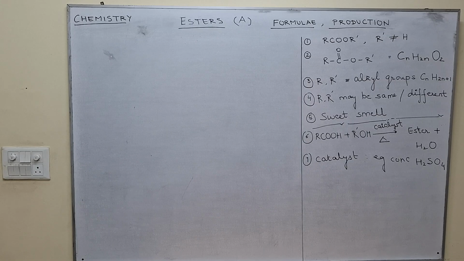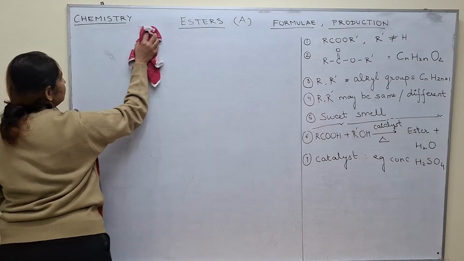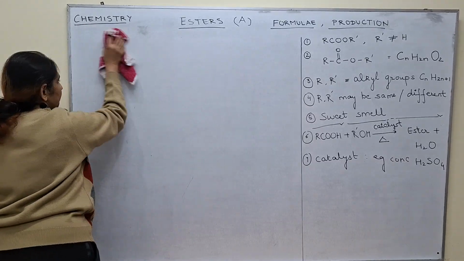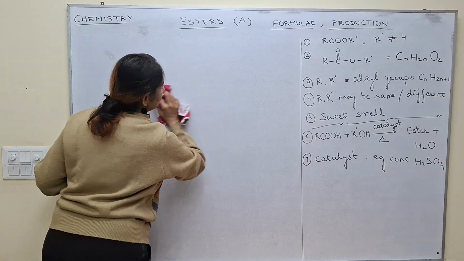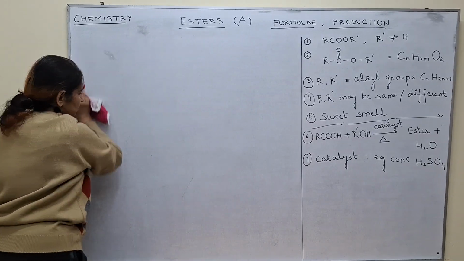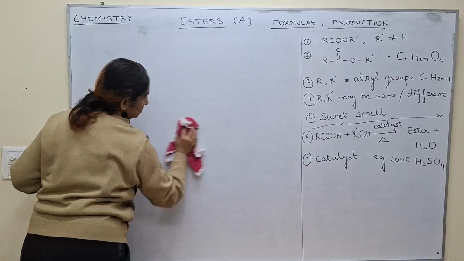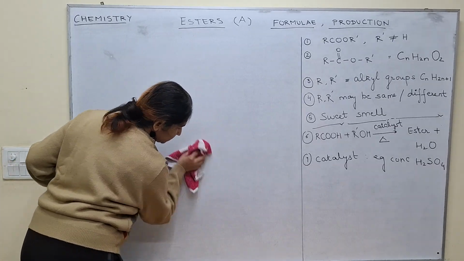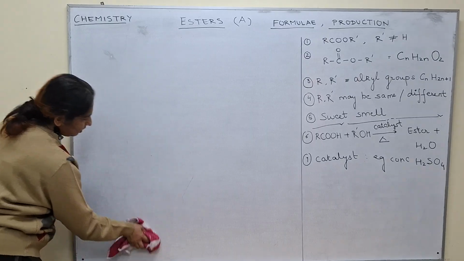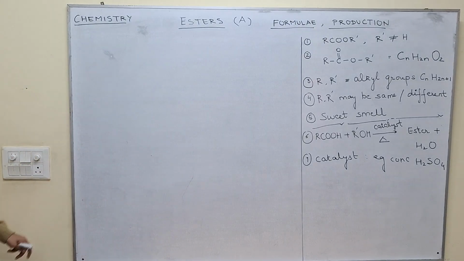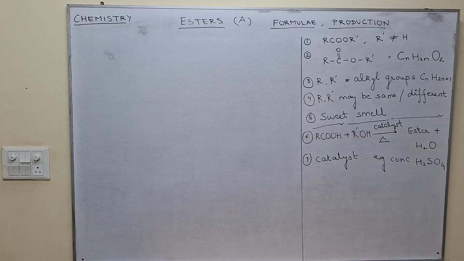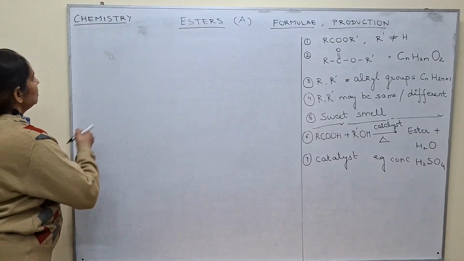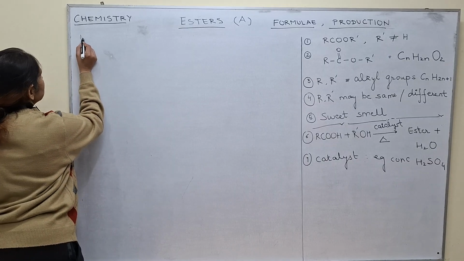So this entire process of production of an ester, what we have to take, what we have to do, that entire process is called esterification. Like in the last episode we saw, the process of making a soap was called saponification. Similarly, the process of making an ester is called esterification.